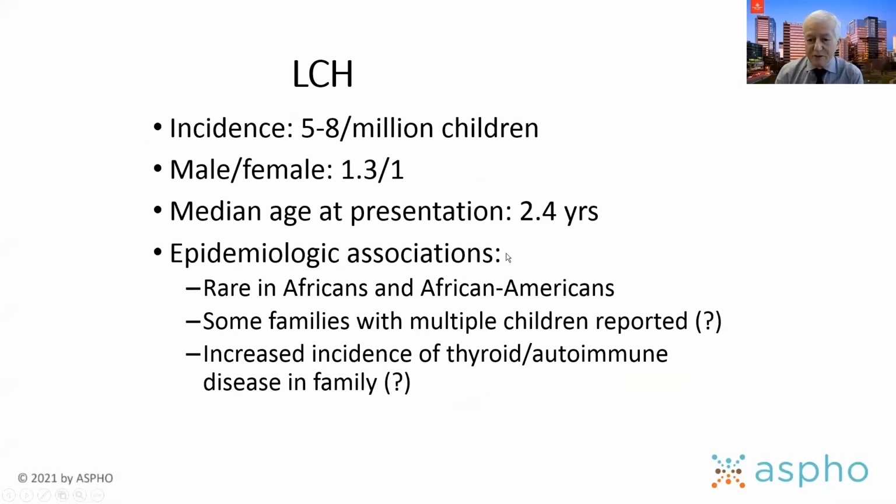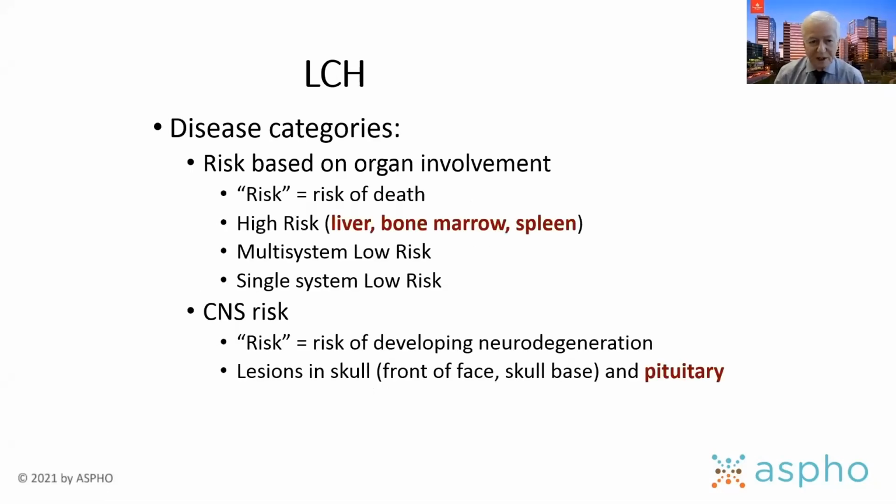There have been some families reported with multiple children, but this is actually a unique area of Italy that reported this, and we have not seen that in the United States or Europe and other countries. There is a fascinatingly increased incidence of thyroid and autoimmune disease in these children and families, but again, we don't understand the meaning of that.